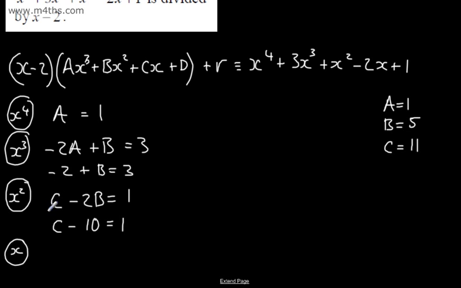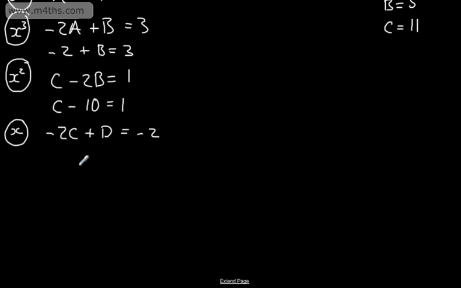If we look at terms in x, we're going to have minus 2cx, and then plus d, and that will be equal to negative 2 over here. From here we can see that c is 11, so we have negative 22 plus d is equal to negative 2. So from this we can add that d is equal to 20.